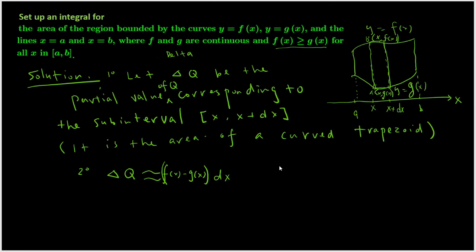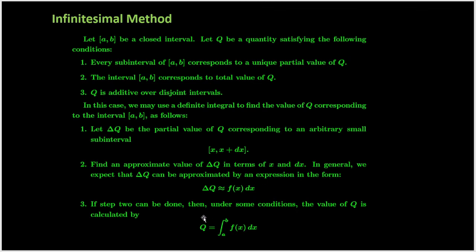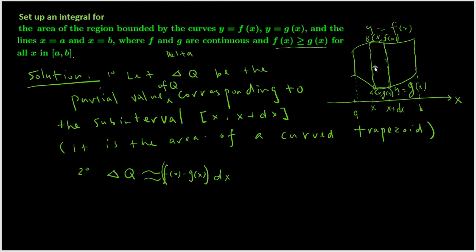If we can achieve that, in step 3, the total value of Q, which in this case is the area of the region between the two curves over the interval from A to B, can now be computed as an integral.